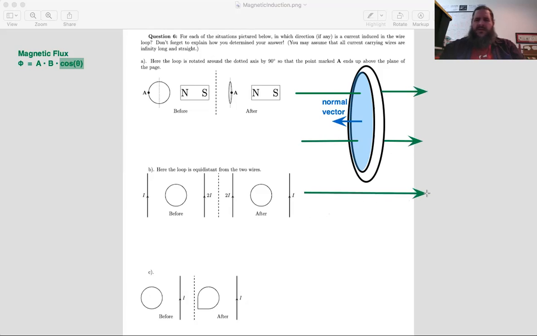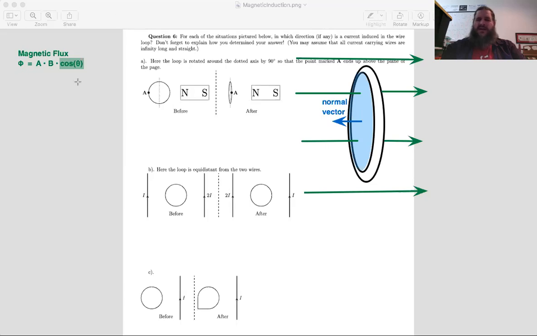It's not going to be 0 in this case. Do you mean as the angle? Yeah, cosine is going to be largest when the angle is 0. In this case, if the field lines are pointing in the direction exactly opposite to the normal vector, we would describe that angle as 180 degrees.